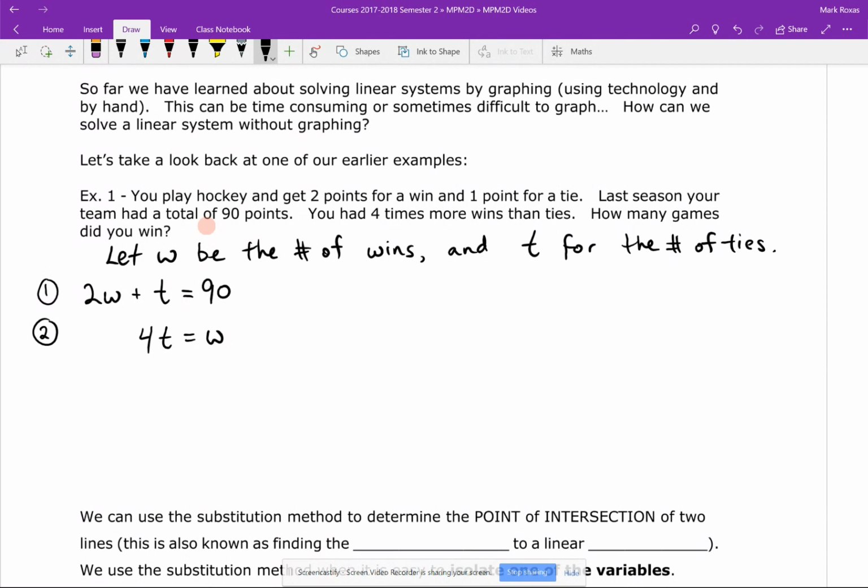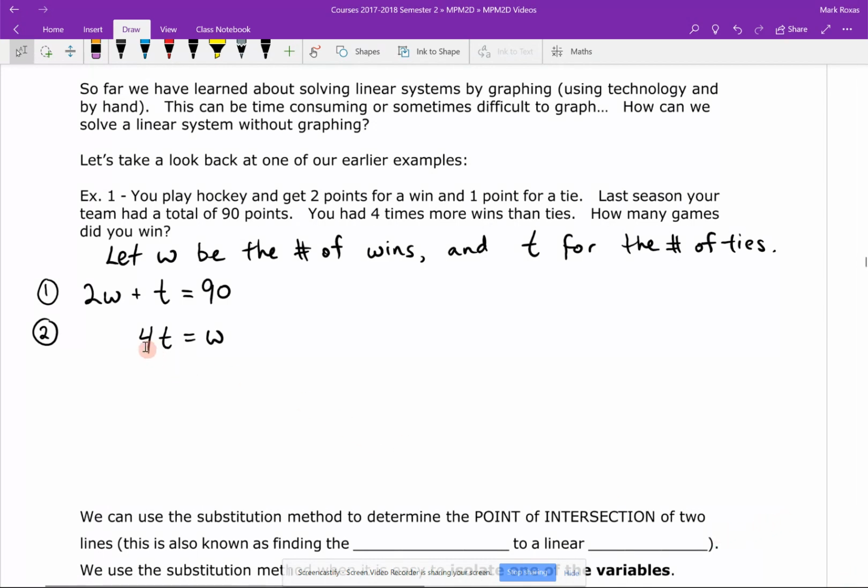Okay, so how do we use substitution? Well, substitution means I'm going to take one of my variables and replace it with the expression for the same variable from the other equation. So let's use some reasoning here.